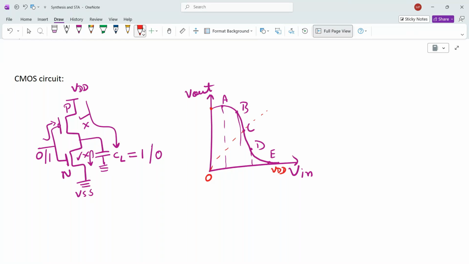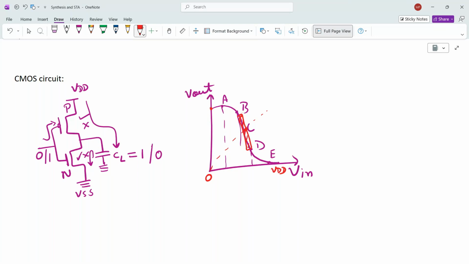We should know which of PMOS and NMOS is on and which is off at which point of time. The most important region I am going to touch now is region C, which is just in between 0 and 1.